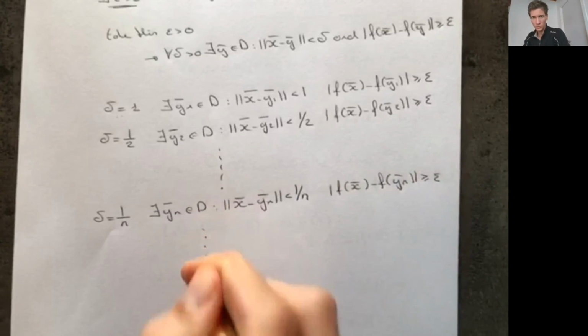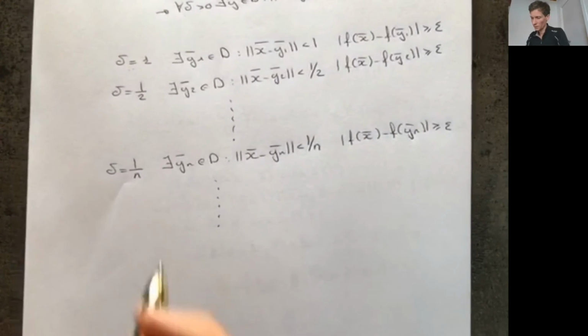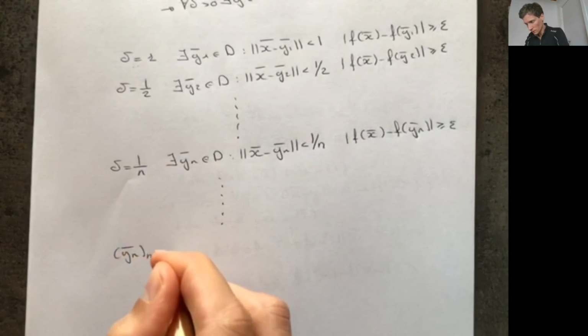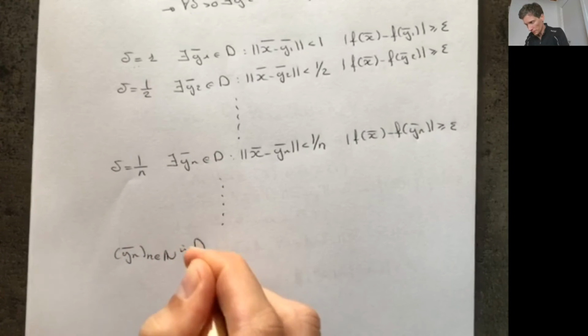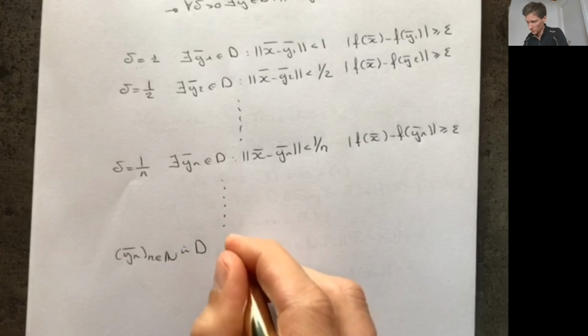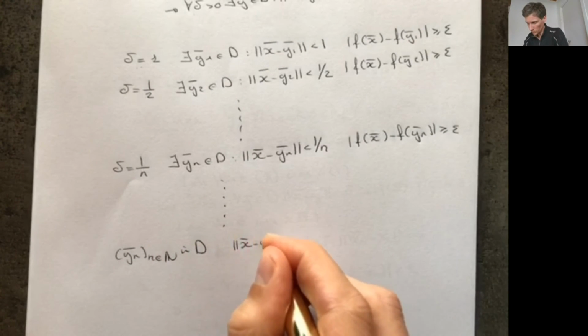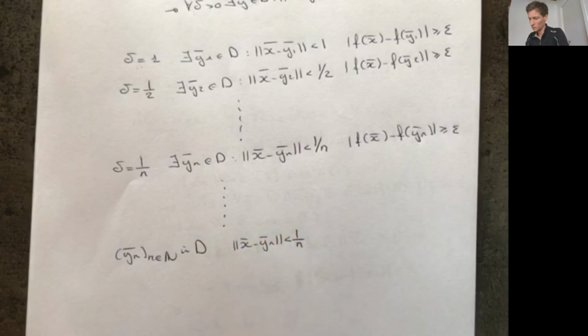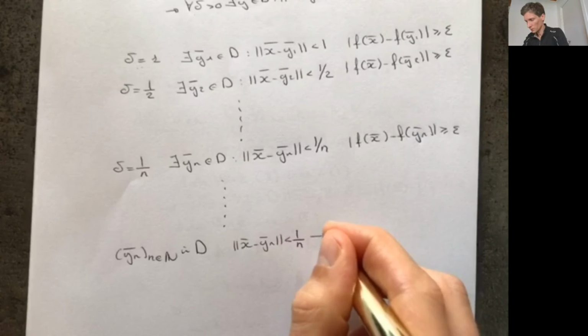Okay, and you can continue doing this indefinitely long. So in general we get the sequence yn in the domain such that x minus yn is smaller than 1 over n, for all n, so this converges to 0.